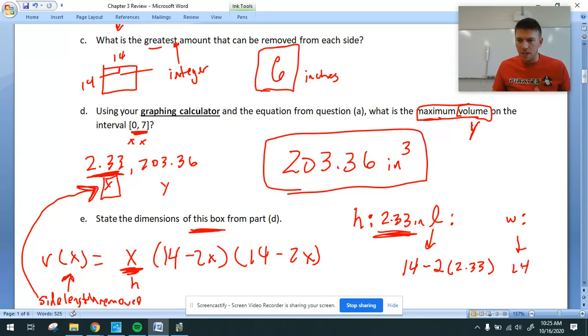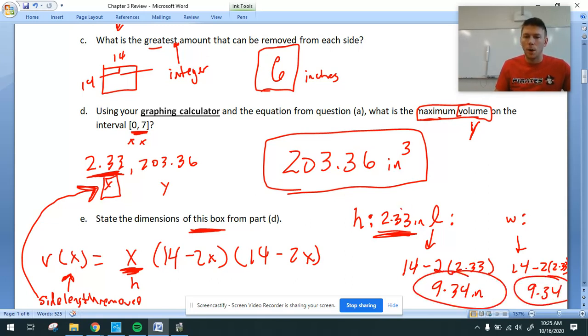It's originally 14, but I have to take off twice 2.33. So we're just typing this into our calculator, 14 minus 2 times 2.33, and we get 9.34 inches. So that is the same thing here, 9.34.